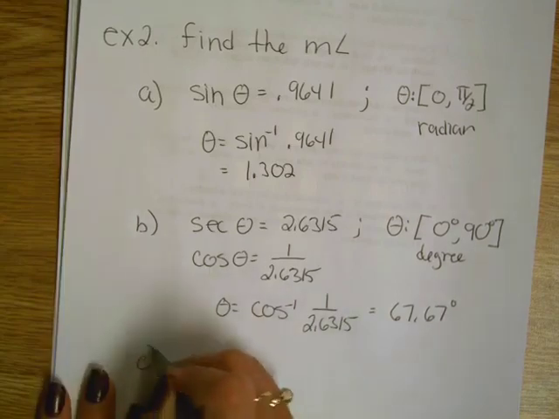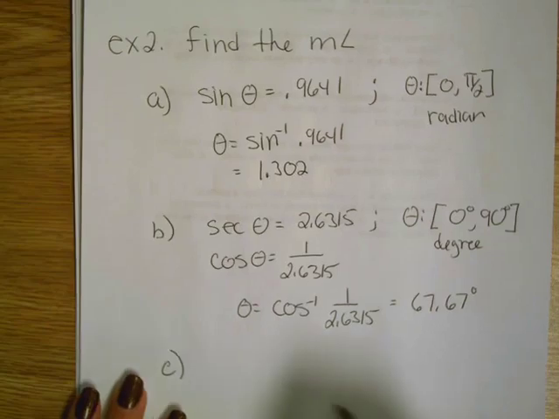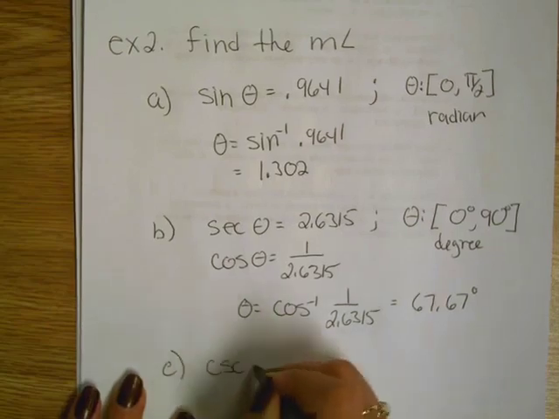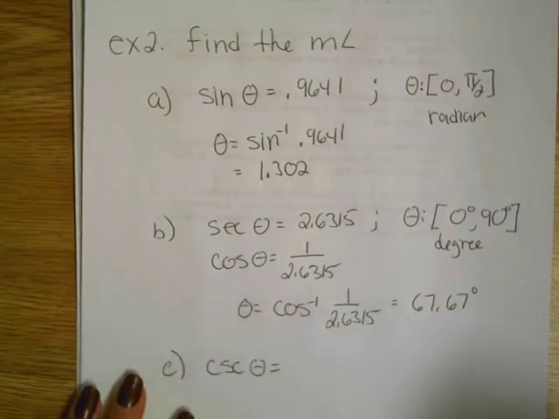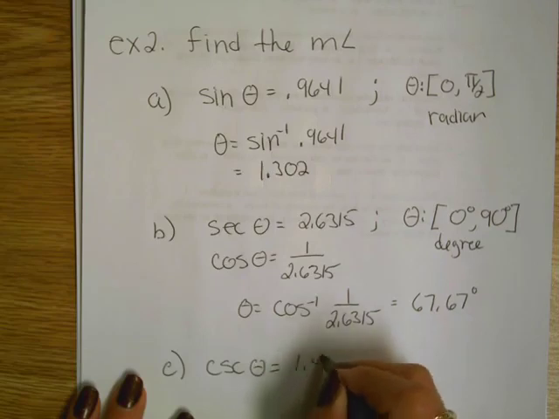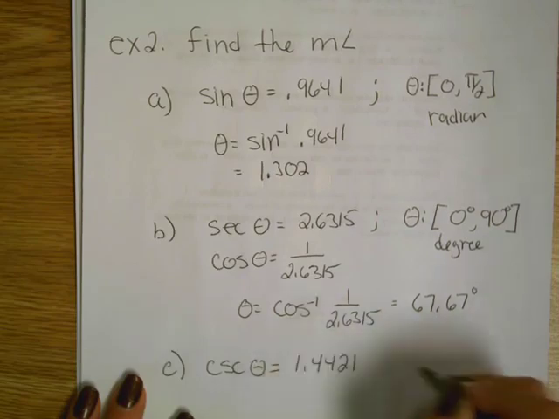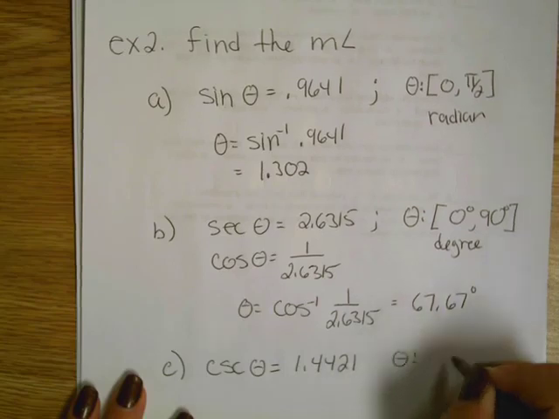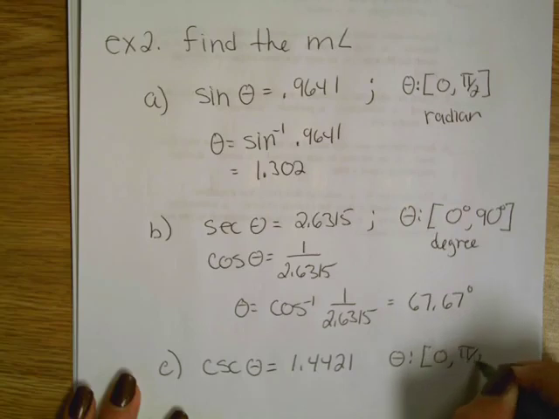Try one more on your own. Let's go. The cosecant of some angle is 1.4421, and the angle has to be between 0 and pi over 2.